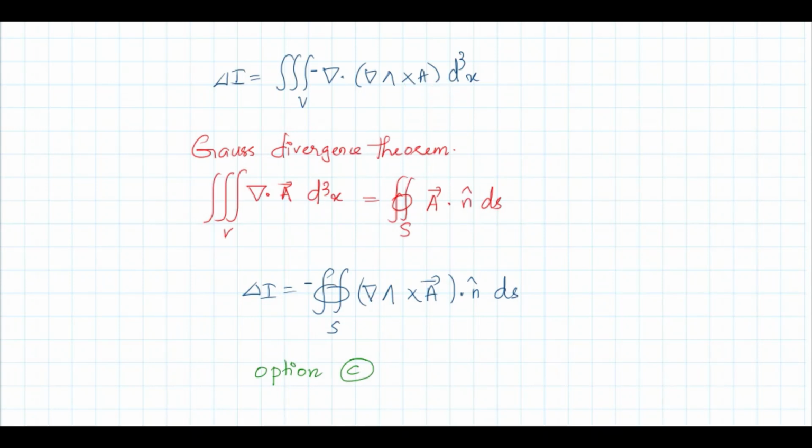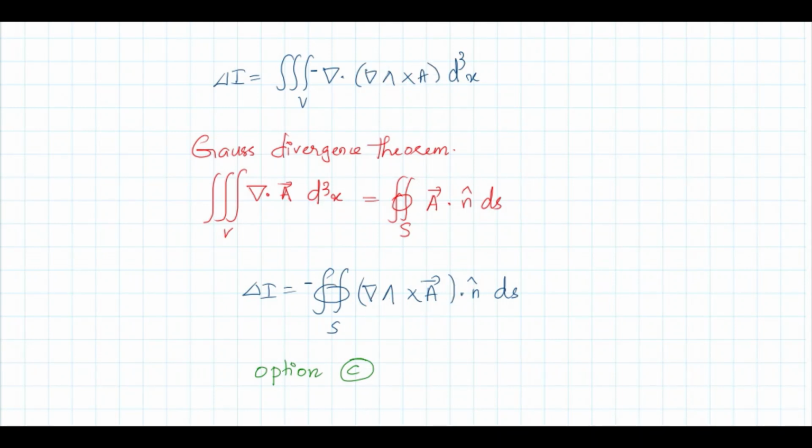By using Gauss divergence theorem, volume integral del dot A d cube x is closed surface integral A dot n cap ds. This Gauss divergence theorem will convert a volume integral to a closed surface integral. So applying that theorem here, this negative sign, the volume integral becomes closed surface integral, and del dot this vector field becomes vector field dot n cap ds.